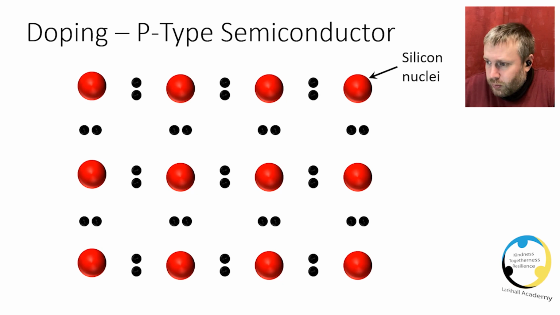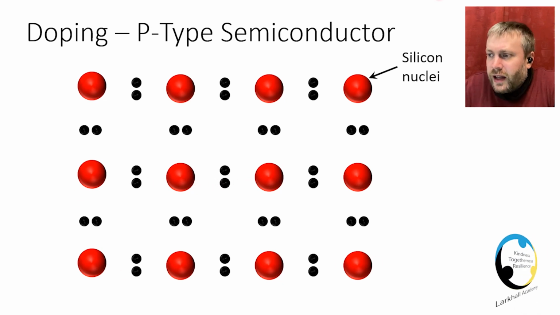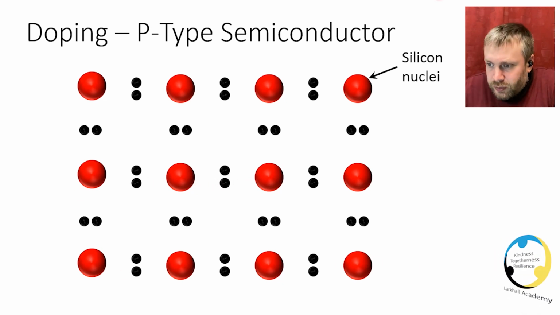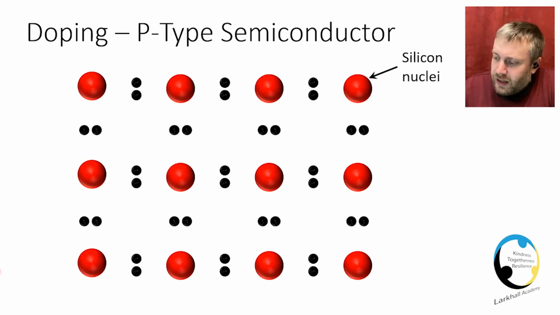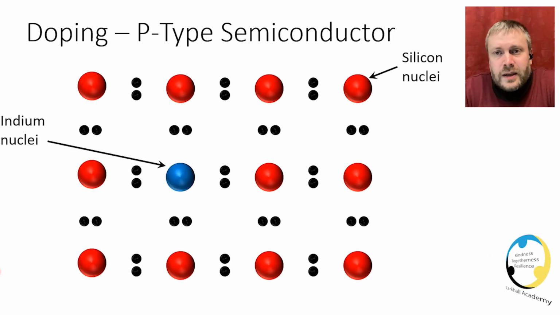So as I've said, we've got our silicon nuclei here. All of these little red spheres are our positively charged silicon nuclei. We've obviously got all these little electrons here. Now, what happens if we change one of our atoms and make it, let's say for instance, indium?